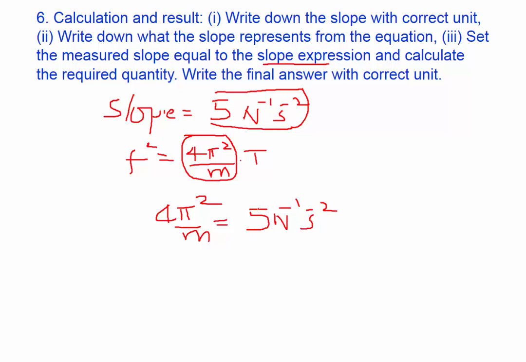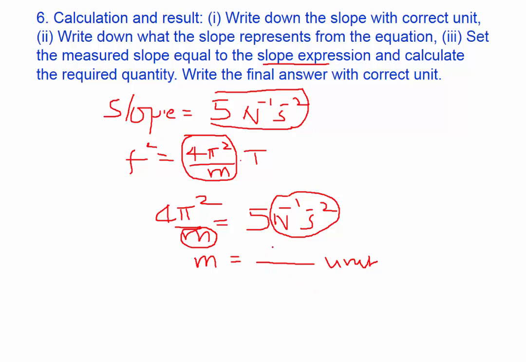Now, the aim of the experiment, the objective of the experiment in this case, was to measure this m. This is called the mass per unit length of the wire we used. So, from this expression, calculate a value of m and write it with correct unit.